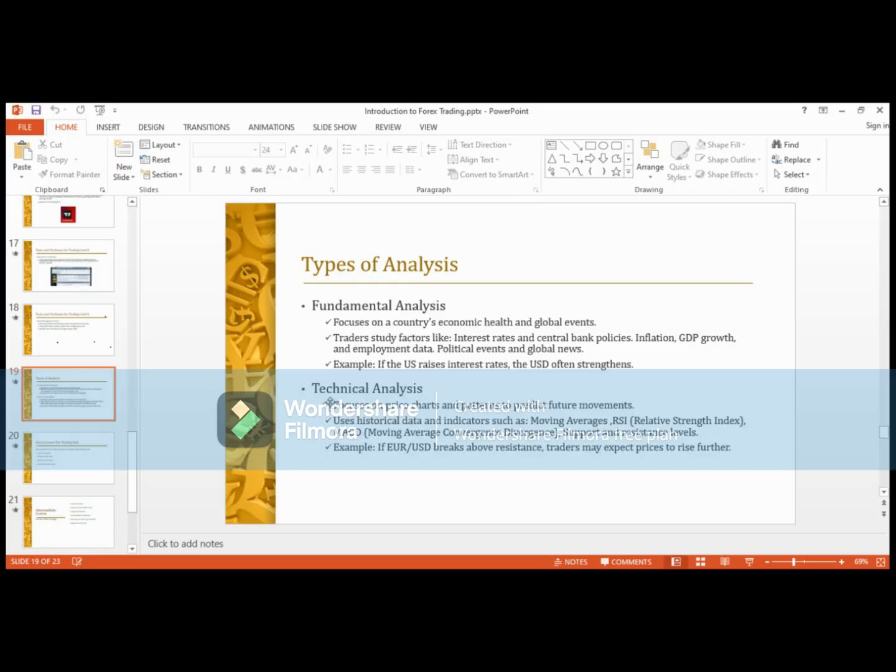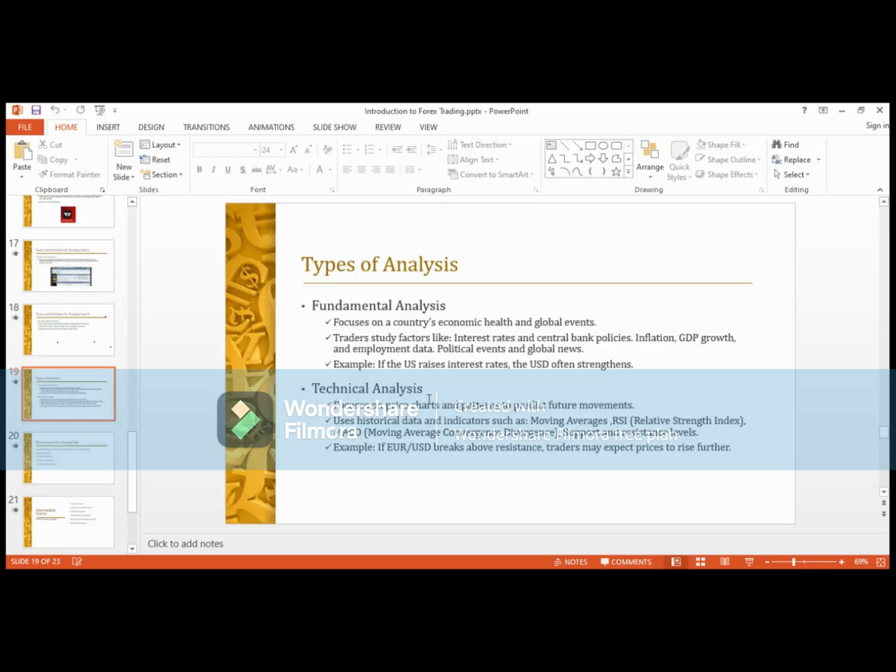These are examples of fundamental analysis, which determine a country's economic health, and some global events happening in that particular country. An example is if the US raises interest rates, the US dollar often strengthens. So if the US government increases the interest rate, it's going to cause the dollar to become stronger.